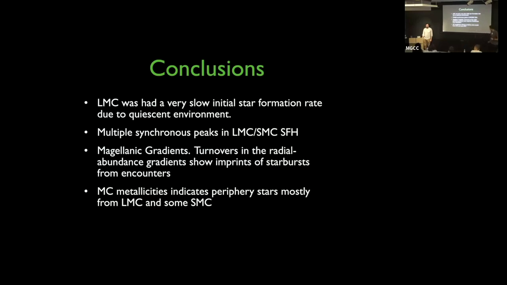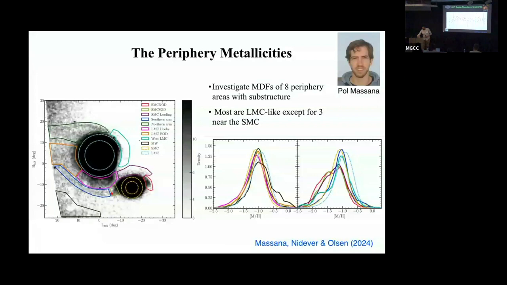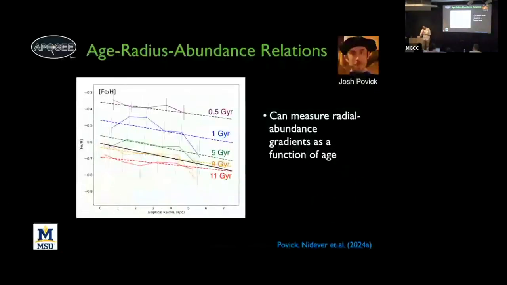Cal Barger, Texas Christian University. Out of curiosity, are you able to make better constraints on the star formation histories? And do you notice anything weird with the SMC? Because there are questions about whether it's a two-galaxy situation. Yeah, so the star formation histories from the very deep multiband photometry give us the most precise ages and star formation rates.